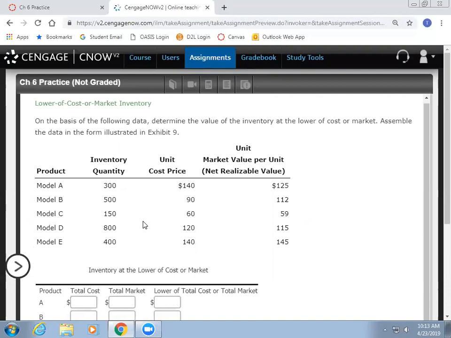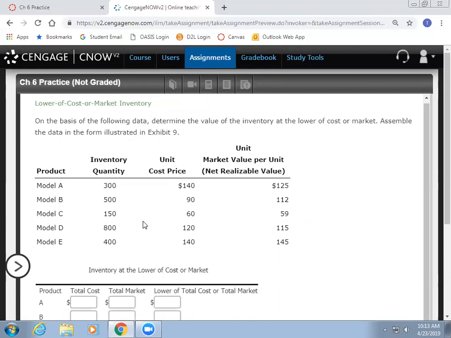The current market price is the replacement cost. So what would it cost to purchase those units today? Because depending on which method we used, we could have ending inventory all the way back from the beginning of the year. Under LIFO, we could have existing inventory from the beginning of the year. So our costs could be off either way, depending on prices going up or down, okay?